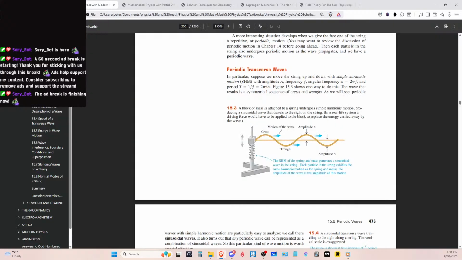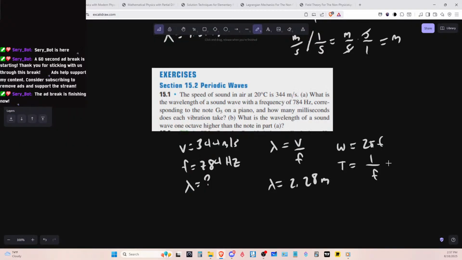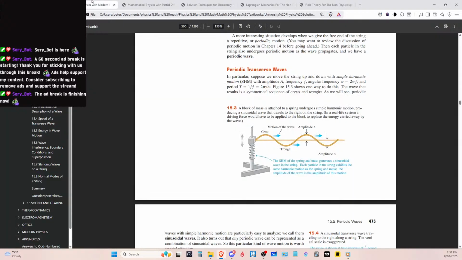Let me read deeper onto what it says here. Let's see the frequency and angular. Oh yeah, so we also have to remember that this is 2 pi over omega, right? Yeah, over omega.